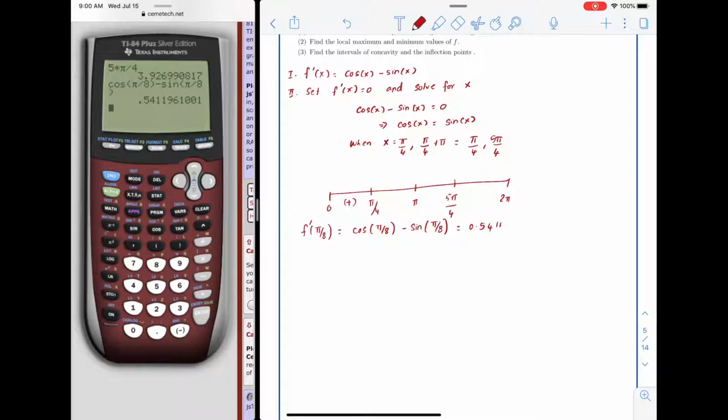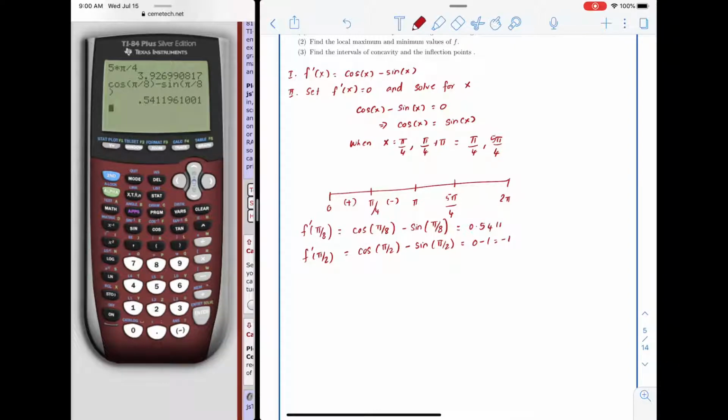Now I have to look at a point between pi over 4 and pi. So cosine pi over 2 minus sine pi over 2, which naturally is going to give me 0 minus 1, which is a negative number.